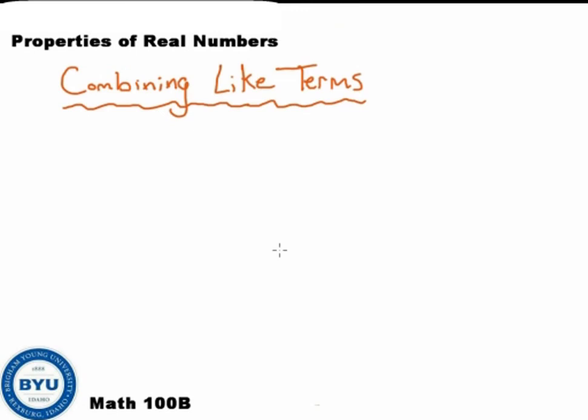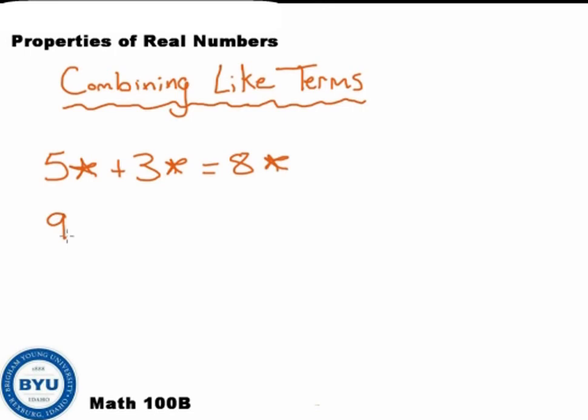The last thing we need to talk about in this section is combining like terms. When we do addition and subtraction, a lot of times there are terms that we can add. For example, if I had 5 stars plus 3 stars, we can combine that. That would be 8 stars. And you can do this with all kinds of symbols.